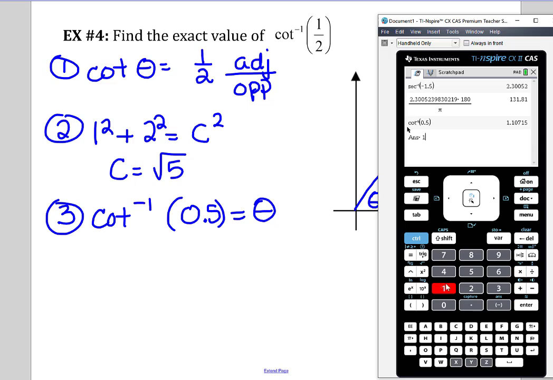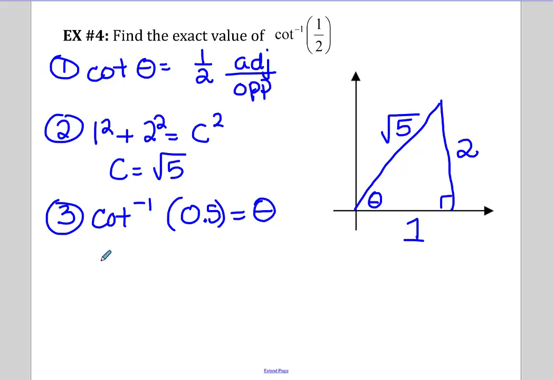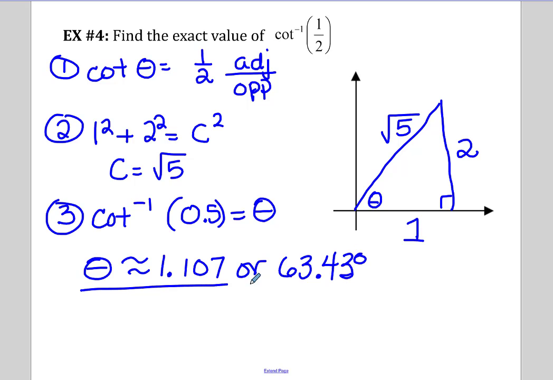And if I want the degree measure, 180 divided by pi, about 63.43 degrees. So the angle that we're interested in is about 1.107 radian, or 63.43 degrees, depending on which is the preferred answer.